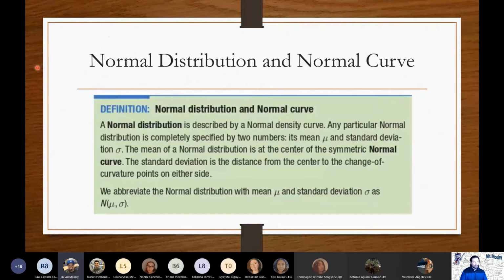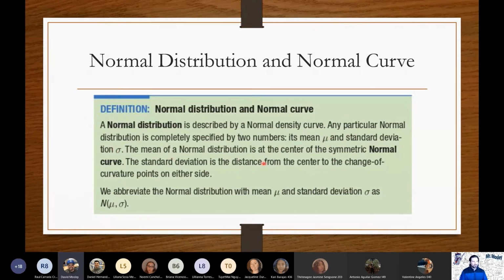And so then our formal definition, which kind of repeats some of the things on the previous slide, for the normal distribution and normal curve, we have a normal distribution is described by a normal density curve. Any particular normal distribution is completely specified by two numbers, its mean, mu, and standard deviation, sigma.